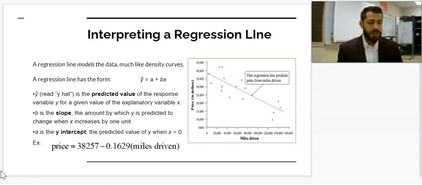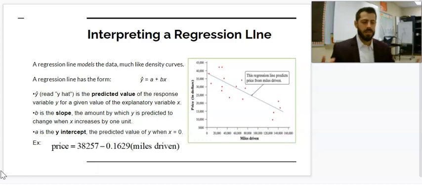When you're interpreting a regression line, you're going to have a few things to look at, right? So it models the data just like density curves model the histograms, right? It's not going to be precise. It's a model.